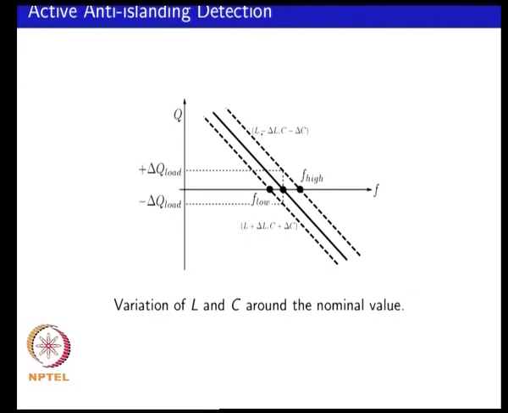This would correspond to a situation where your resonant frequency will now settle down to a higher value. On the other side, if your Q load changes in a polarity where your Q reduces, that would correspond to L prime going to L plus delta L, and C prime being C plus delta C, and the corresponding resonant frequency settles down to a lower value.